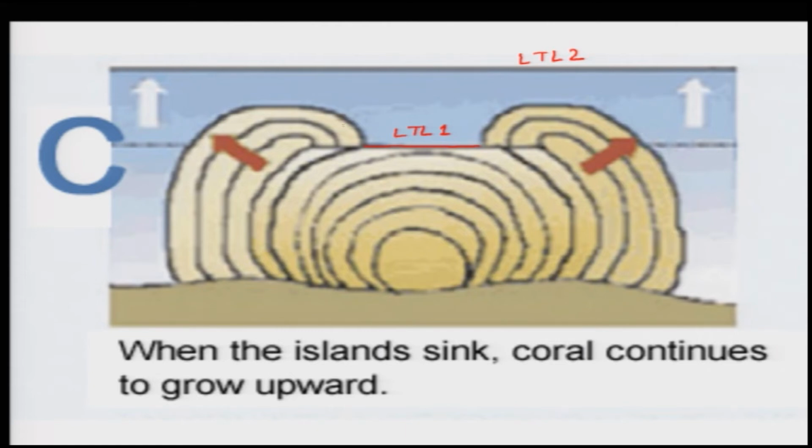So, what has happened is, again it will start growing towards the low tide level 2, and also it will grow laterally. So, if you have a sudden change, then you will come across this typical feature, okay. So, you will have something like this, okay.